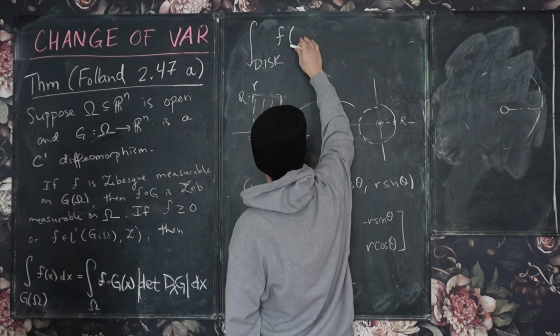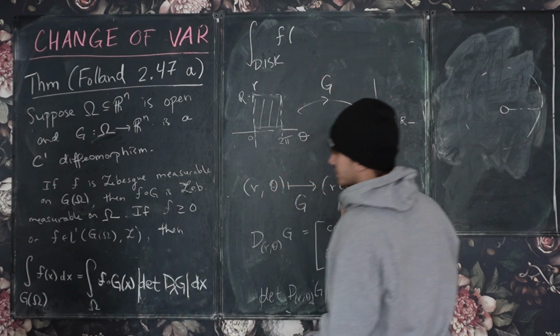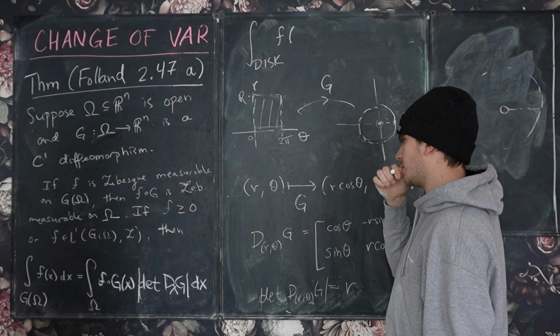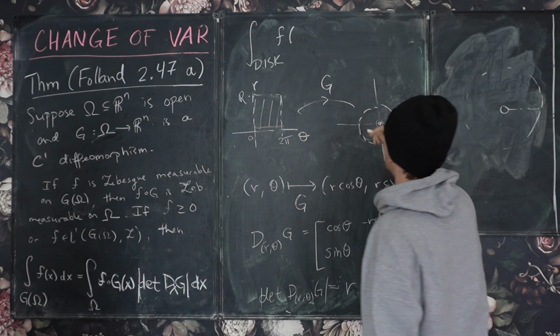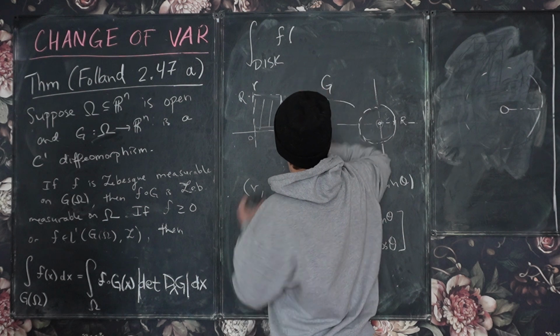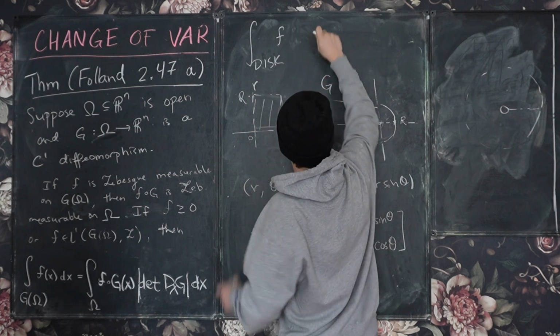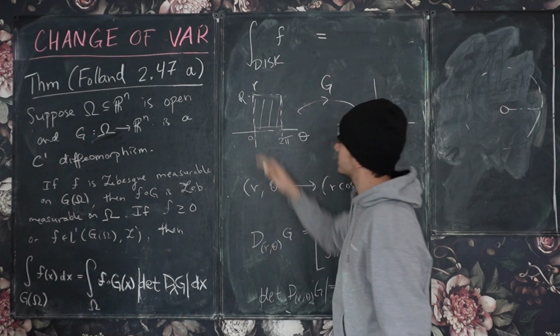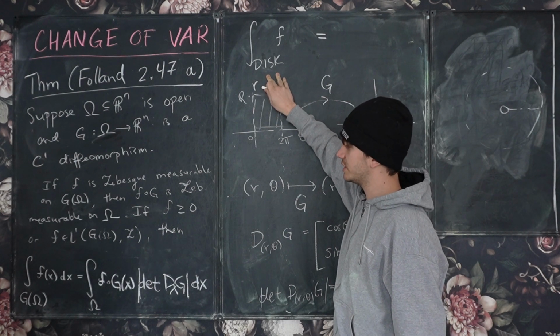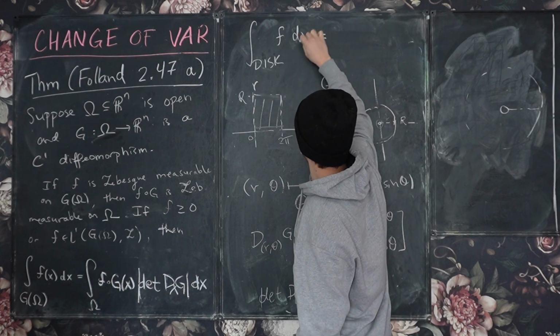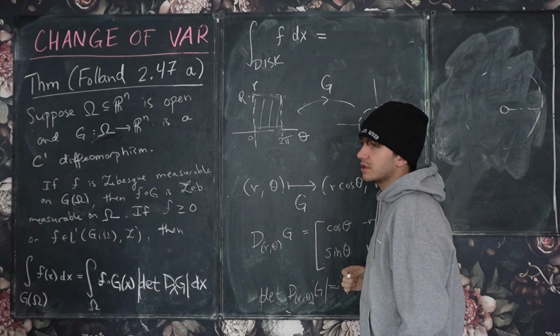And this is going to be in terms of my variables r and theta. But let's just keep this like this. So we integrate that over the disk with respect to the Lebesgue measure dx, okay?